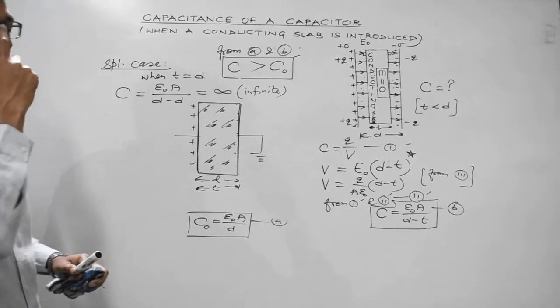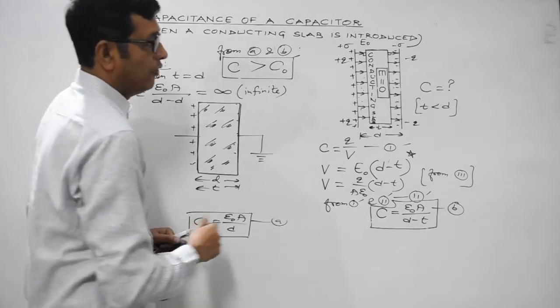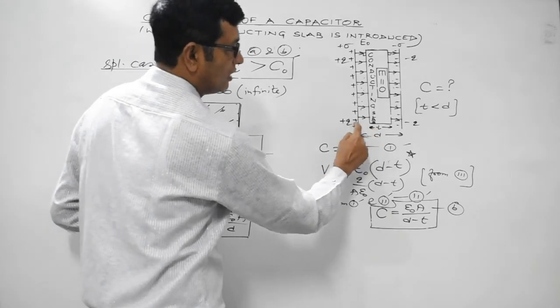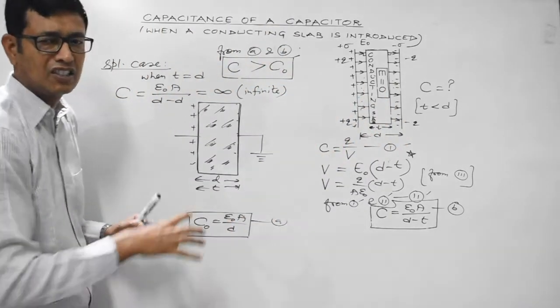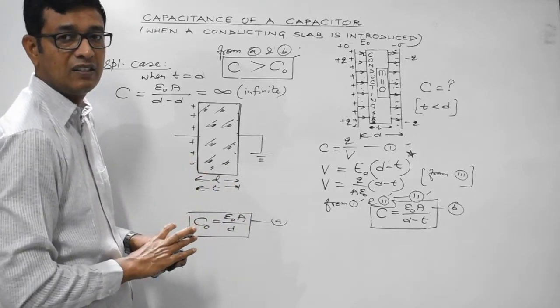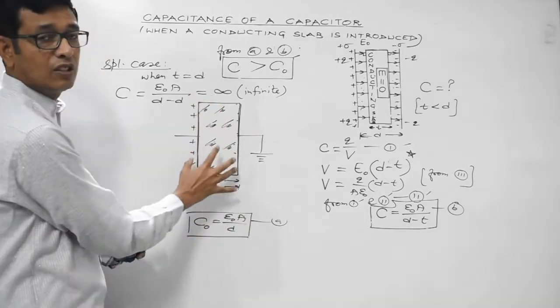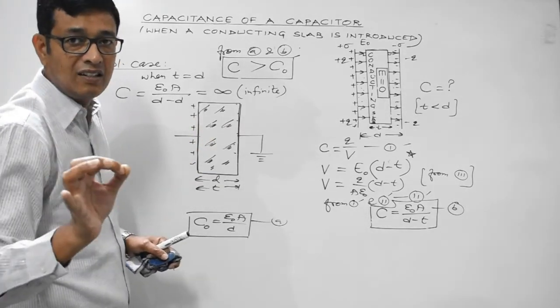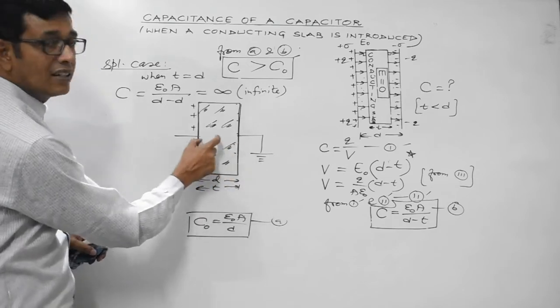So again, let me repeat this. When a conducting slab having thickness equal to the distance between the plates of the capacitor is introduced in the space between its plates, then the capacitor will simply act as an earth connected conductor.